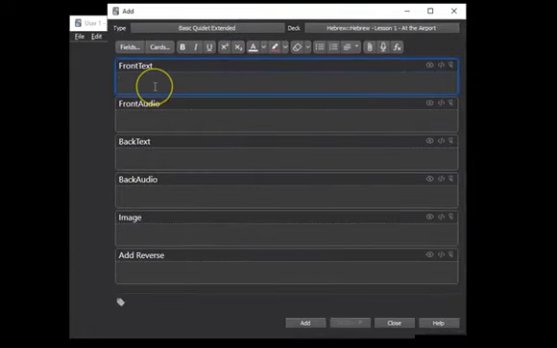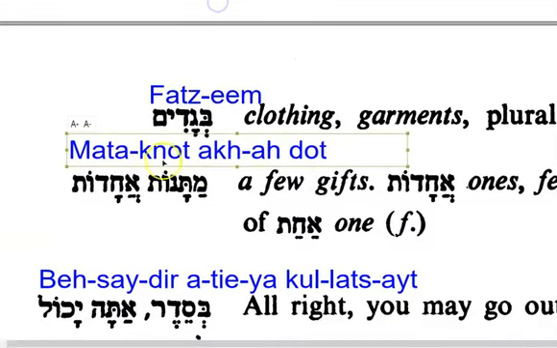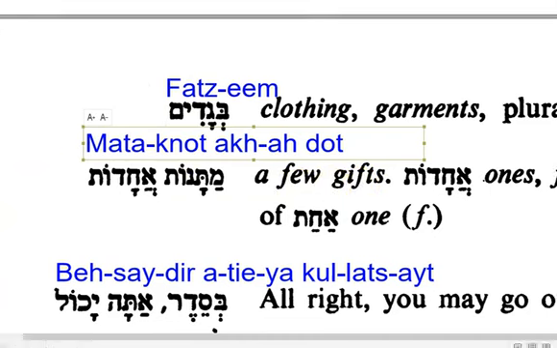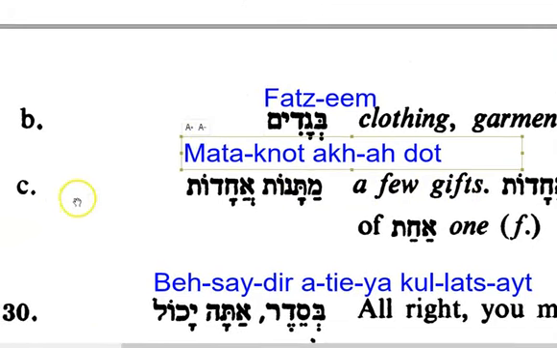And then front text is the English, back text is the image of the Hebrew, whatever it is, followed by the phonetic description and also the English of that. And if you want to be very fancy, you can put in the ABC as well.